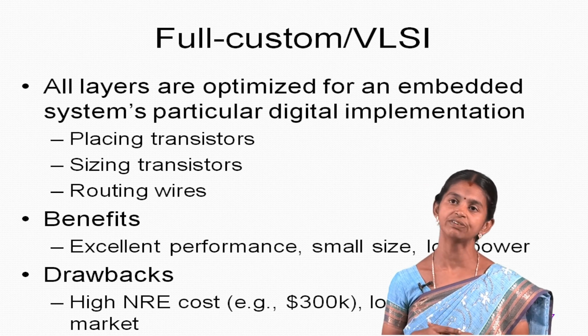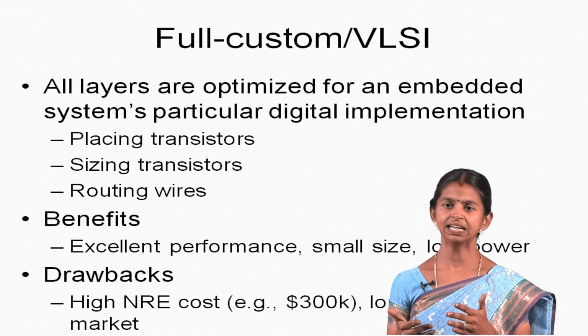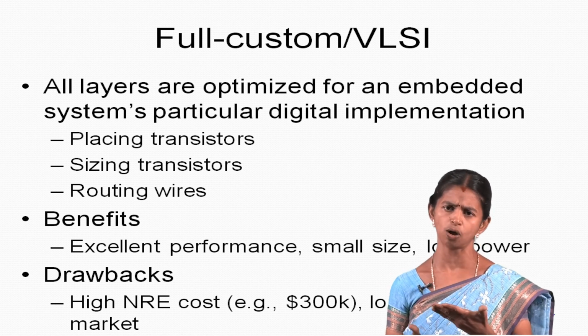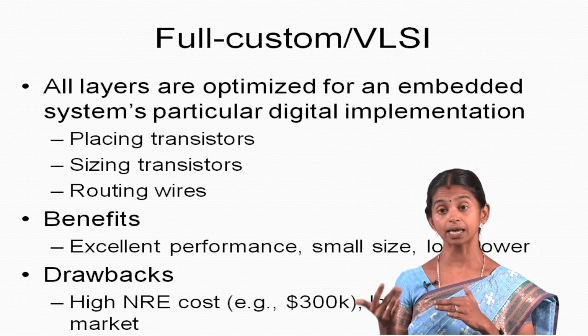The benefits that we gain from full custom are excellent performance, small size, low power consumption. Drawback: having an advantage usually means we will have a drawback also. Likewise, high NRE cost, long time to market.